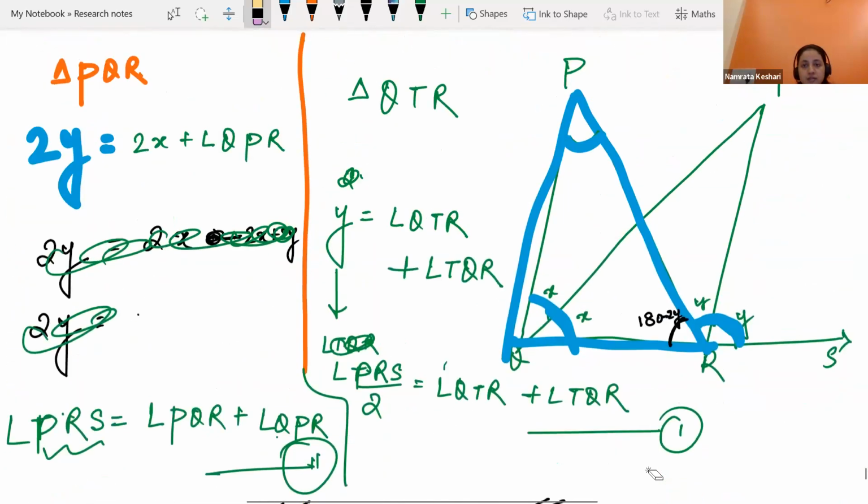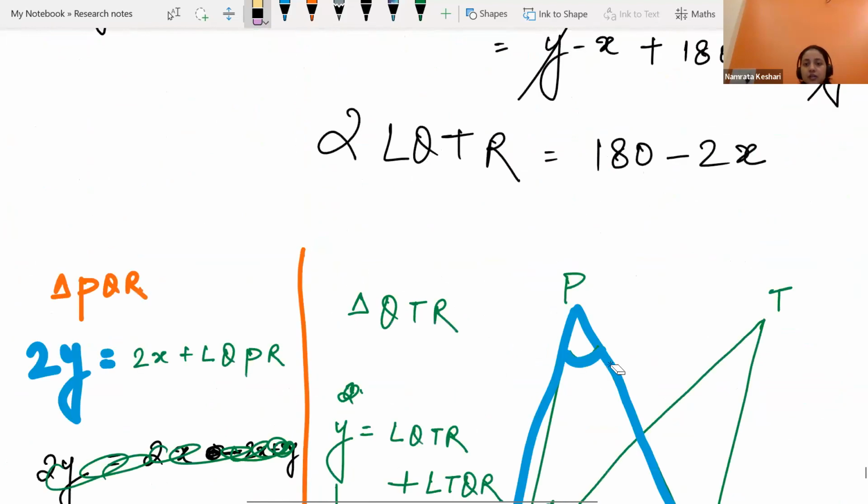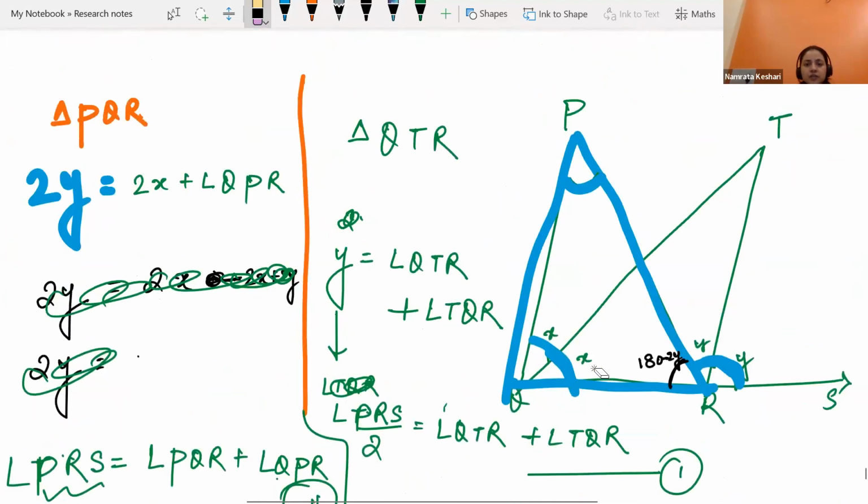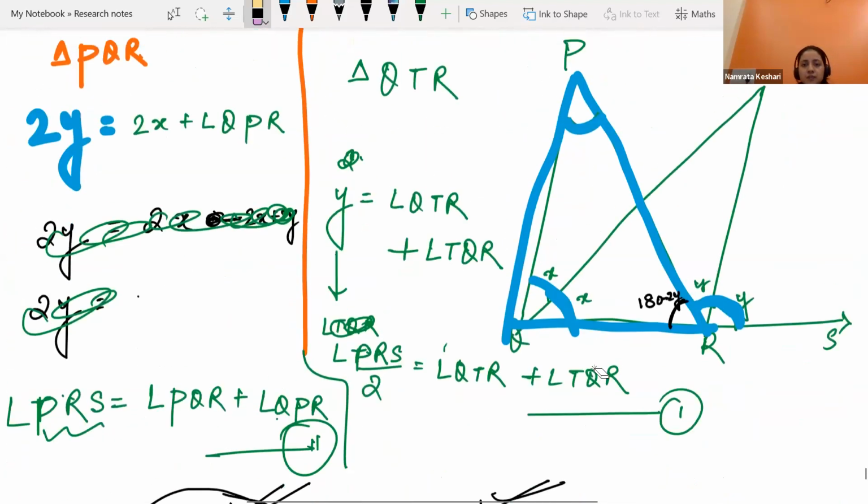This angle P is creating confusion. And now only we have figured it out. Angle P was 2x, 2y. Okay.